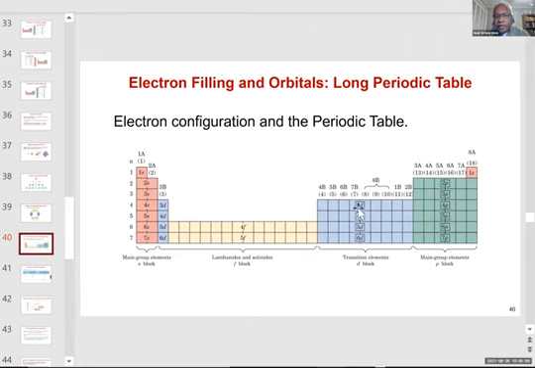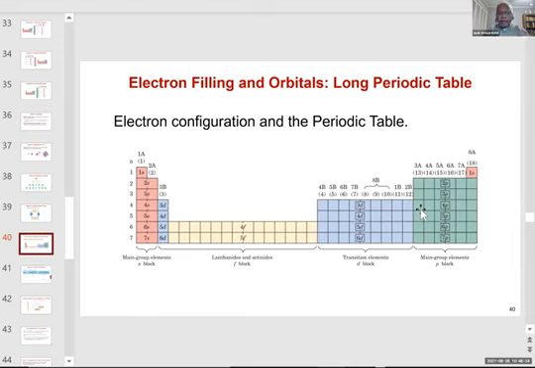And the d orbitals continue filling after the f orbitals, and p orbitals are filled after d orbitals here. All right. Okay, there are blocks in the periodic table.